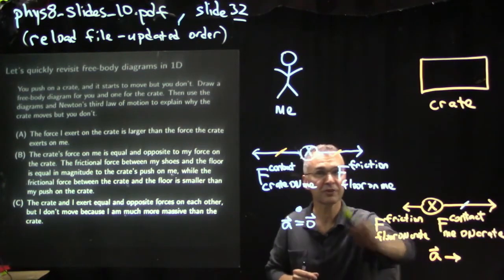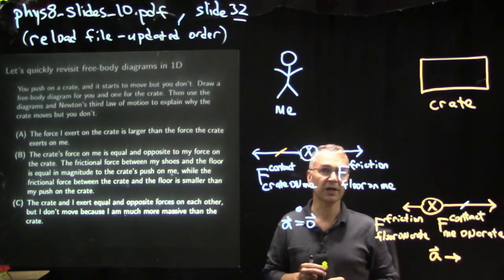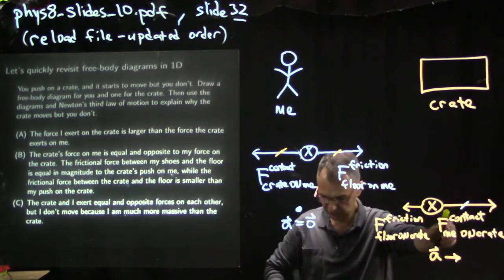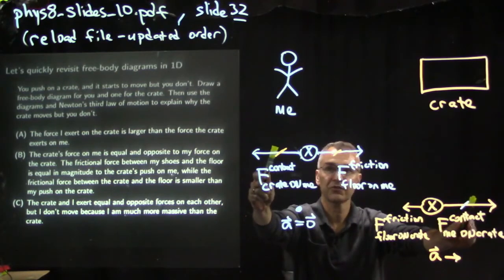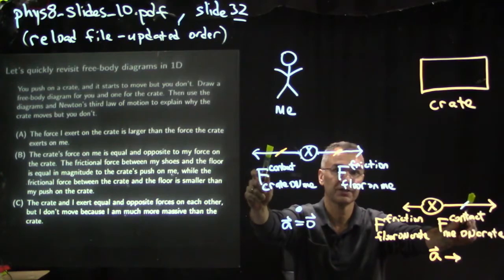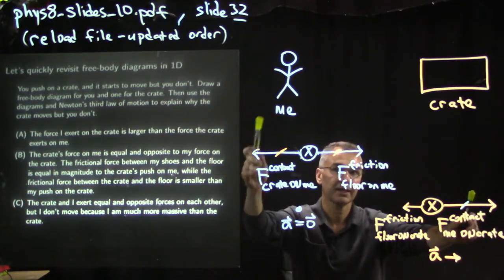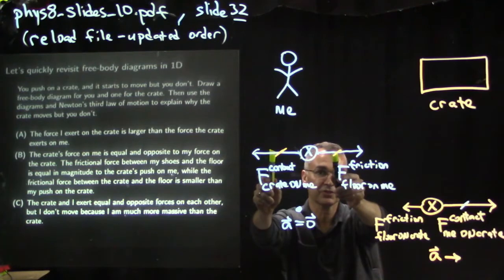So we have four forces, and three out of these four forces are the same length, and it's worth considering why. This force and this force are the same length by Newton's third law. If I push to the right on the crate, then the crate pushes to the left on me. And then this frictional force has the same length as this contact force because we know that I am not accelerating.